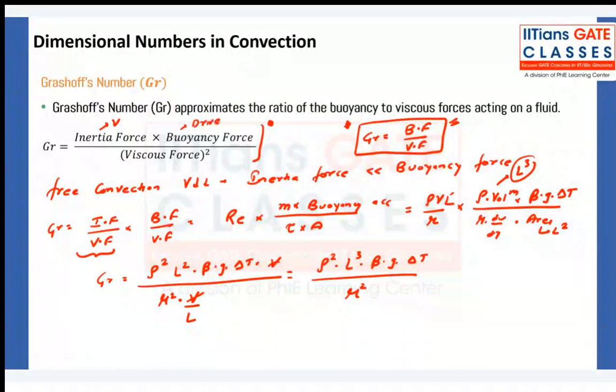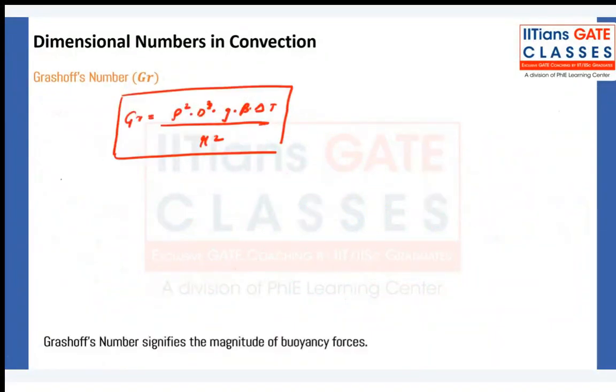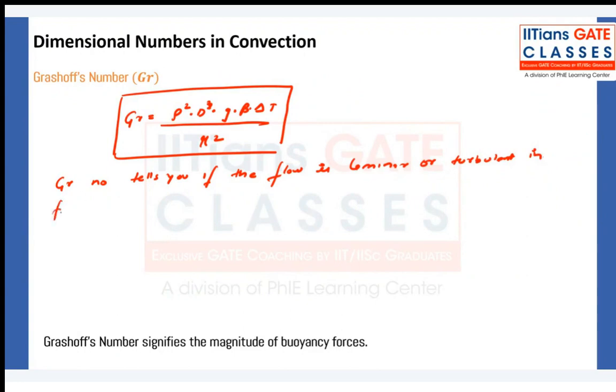This is significant because Grashof's number tells you if the flow is laminar or turbulent in free convection. So it signifies the effect of the magnitude of buoyancy forces.